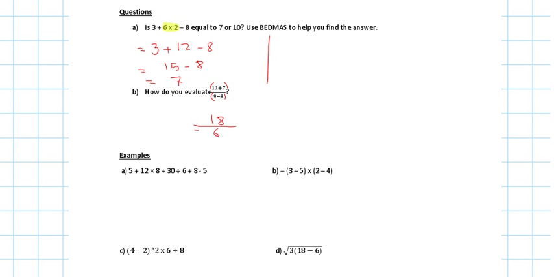Yeah, 18 over 6, that's the same thing as doing 18 divided by 6. What I did is 11 plus 7 gives me 18, and 9 minus 3 gives me 6. And that's going to be 3. Are you guys okay with that? All right.